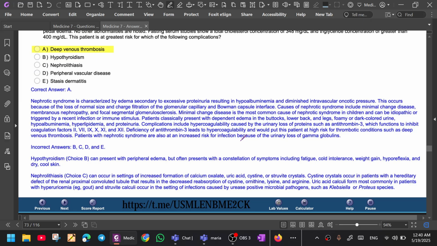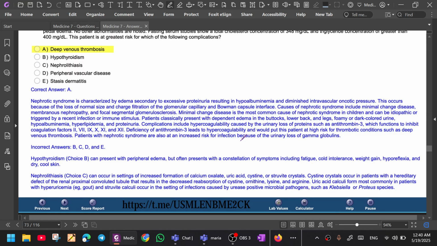Causes of nephrotic syndrome include minimal change disease, membranous nephropathy, focal segmental glomerulosclerosis. Minimal change disease is the most common cause of nephrotic syndrome in children and can be idiopathic, triggered by recent infection or immune stimulus.